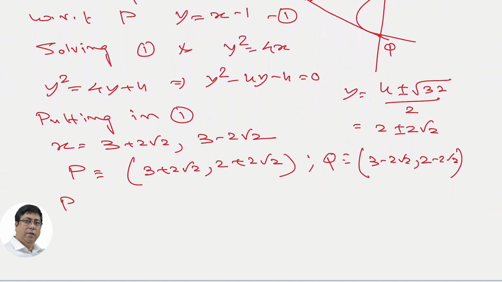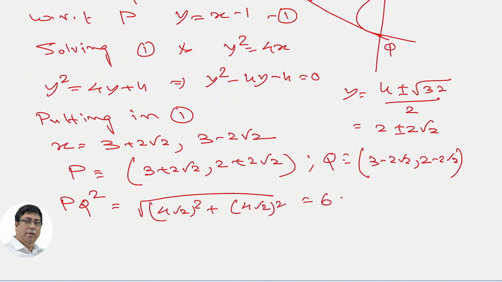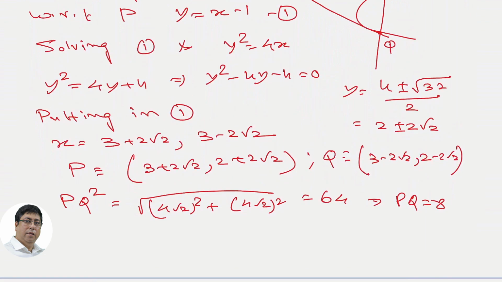Therefore, PQ square is coming to be, the integer part is getting cancelled, 4 root 2 whole square plus 4 root 2 whole square, and this is coming 64. Therefore, PQ equal to 8, and according to the question, suppose let's draw one.